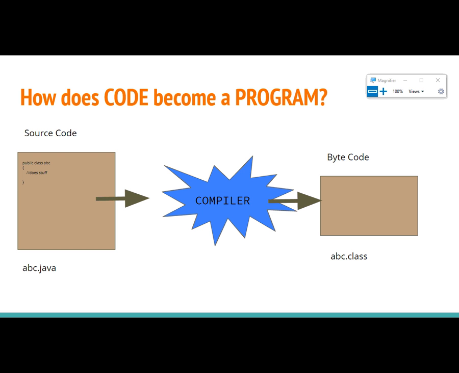When we compile it, we send it through this magic thing called a compiler. If you continue to study computer science, you would one day learn what that does and how it works. It compiles it and turns it into what's called bytecode. And that's got a .class file type. So again, it's like you have .xls or .doc or .whatever. The .class is the bytecode. It's what the computer understands.